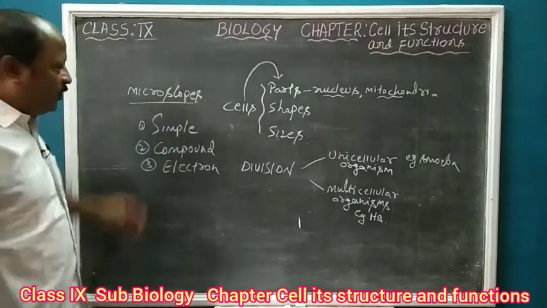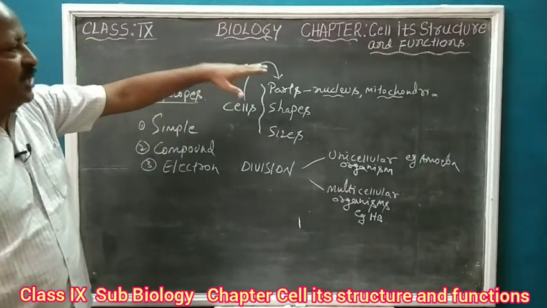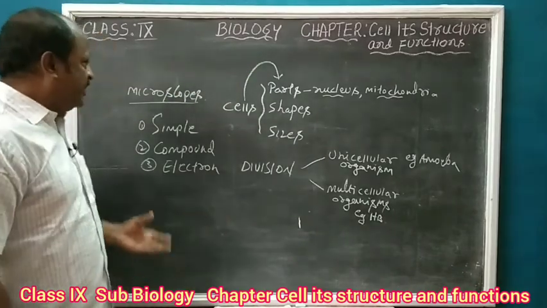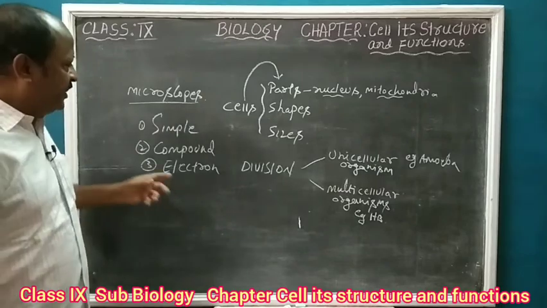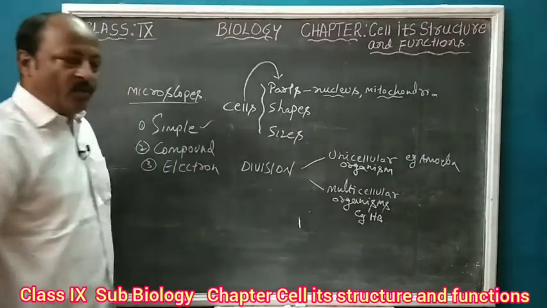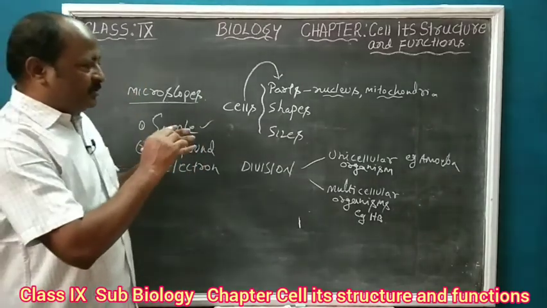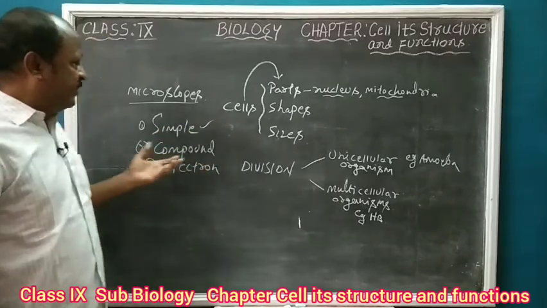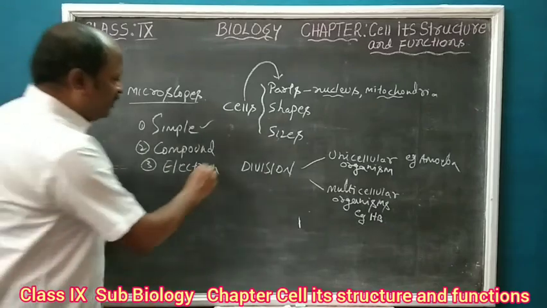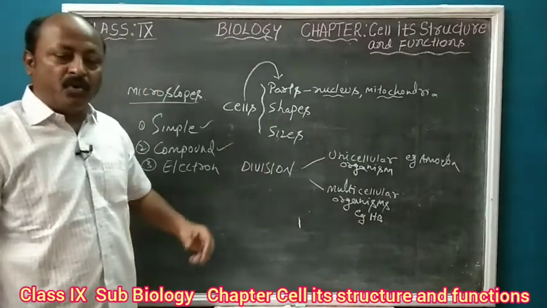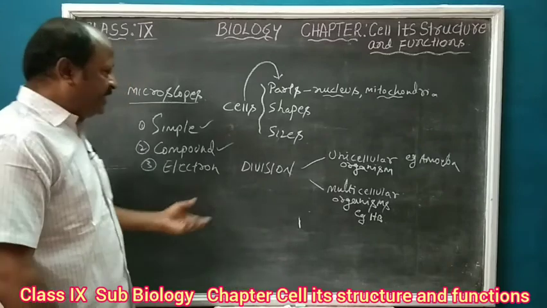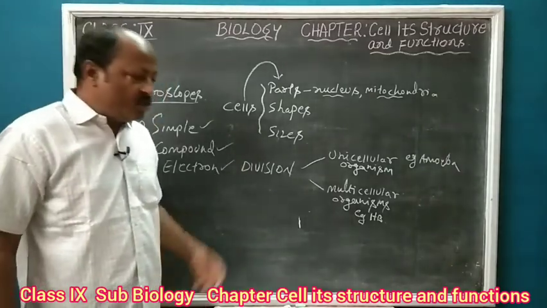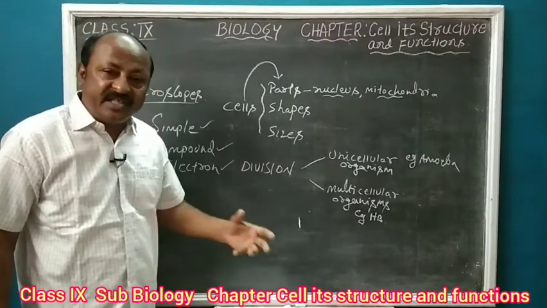With the help of microscopes we can study the structures or organelles present inside the cell, and their functions. The simple microscope helps us see only the parts which are easily seen, the external parts like the cell membrane. The compound microscope helps us see some more organelles present inside the cell, but the electron microscope helps us see clearly the structures inside the cell.